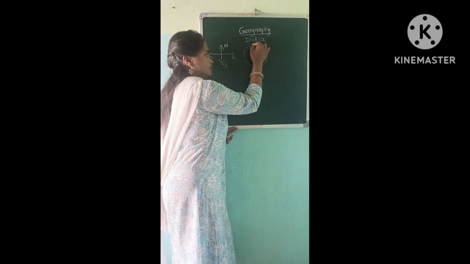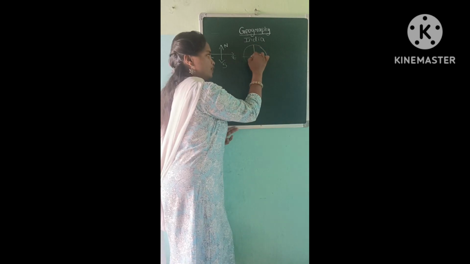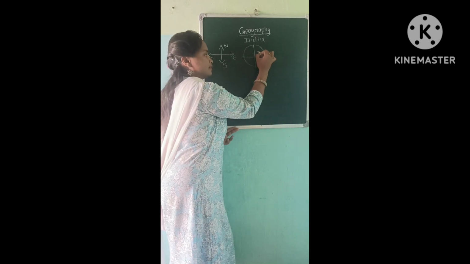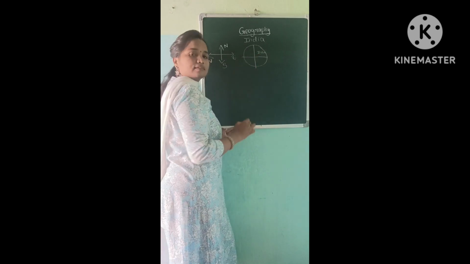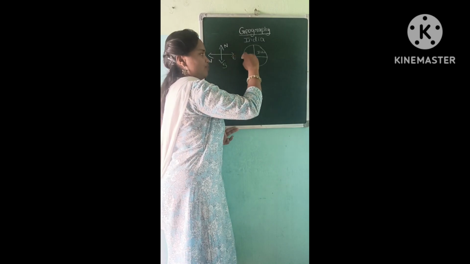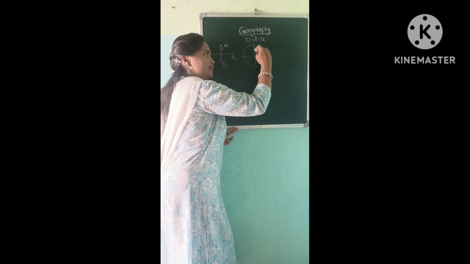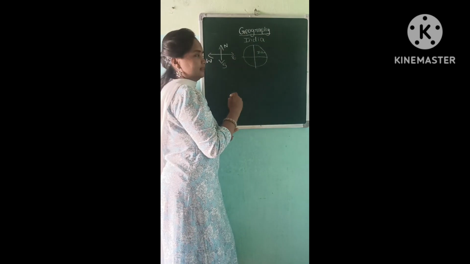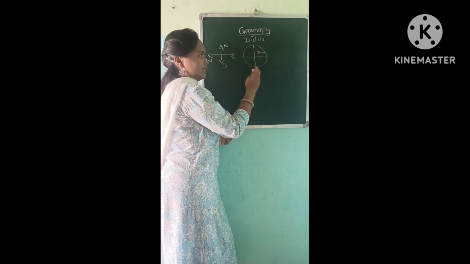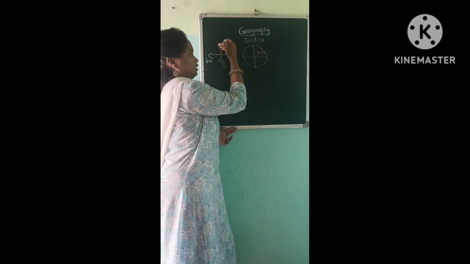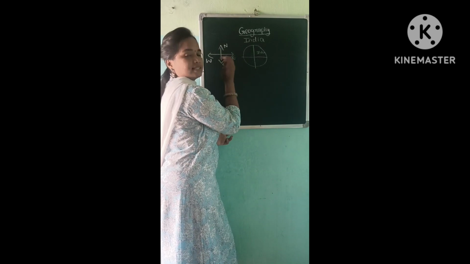Okay, in this, if we cut this way, India is here, right? That means when we cut this horizontally, India is on the northern side. If we cut it vertically, India is on the eastern side, right? Northern side, eastern side.